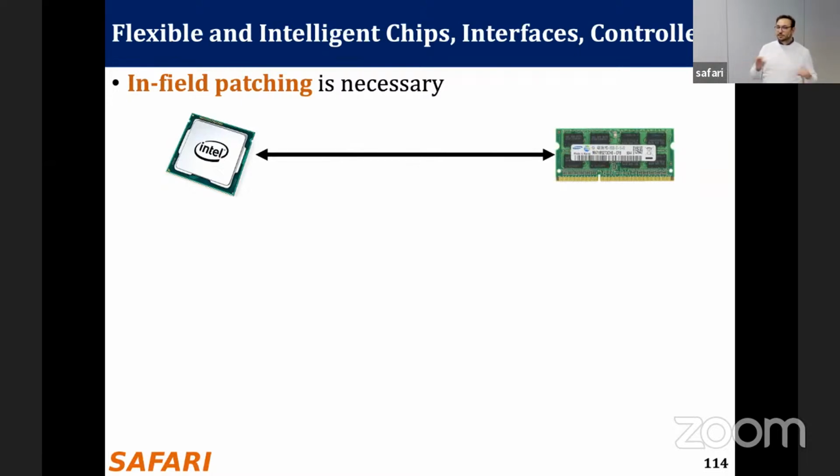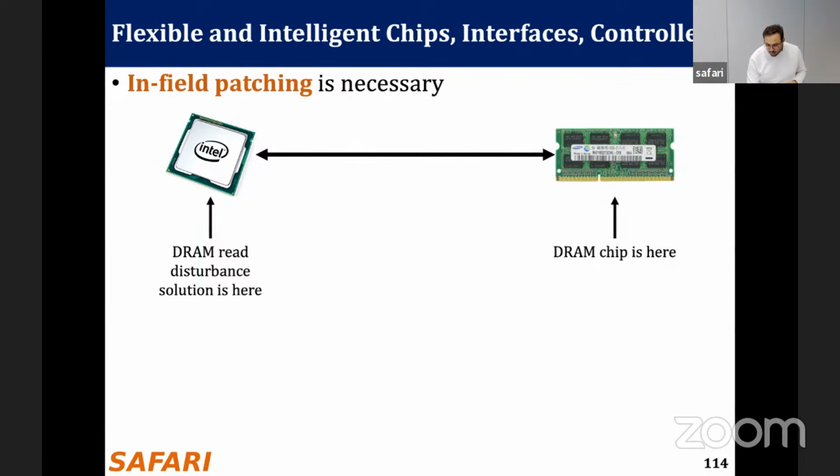There's a strict protocol in between them. So there are many academic proposals that propose to put the DRAM read disturbance solution inside the processor, inside the memory controller. But the DRAM chip is not there. It's somewhere else.